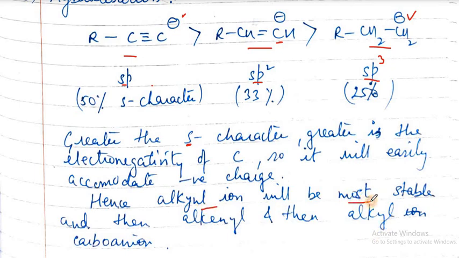These are the alkenyl, with the double bond, and these are the alkyl carbanions. So we can easily explain the stability of carbanions on the basis of hybridization.